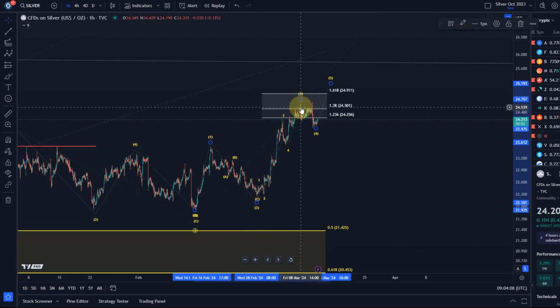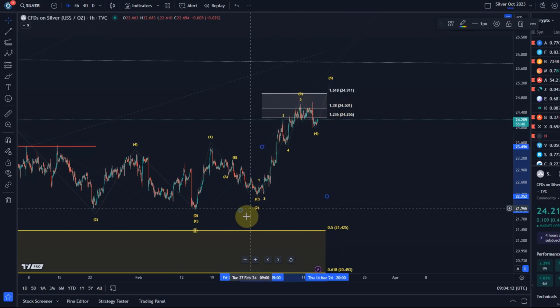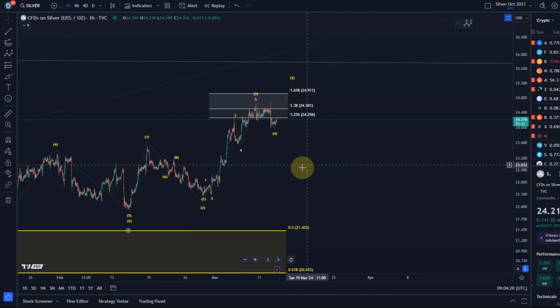And this could have been the 3rd wave. Definitely was long enough. The 3rd wave often reaches the 1.38 extension, which is why I gave you that target on the larger time frame as well. Perfect target reached. The question is, is this the 3rd wave? And then this could be the 4th with one more high to come in wave 5. That's what I would like to see.